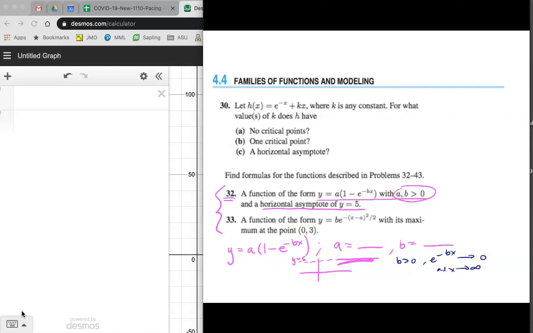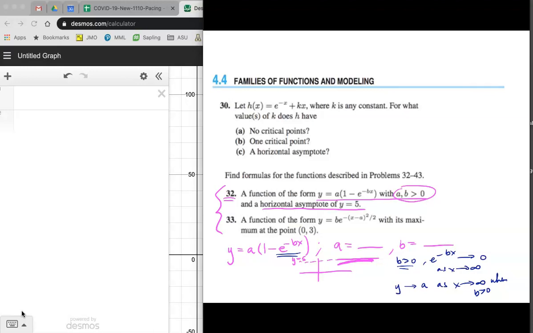So that means this term is going to go away, so long as b is bigger than 0. So the function y is going to get closer and closer to a as x goes to infinity when b is a positive number. Hopefully that will help you figure out an example of a and b. I'll give you a moment to write that down.